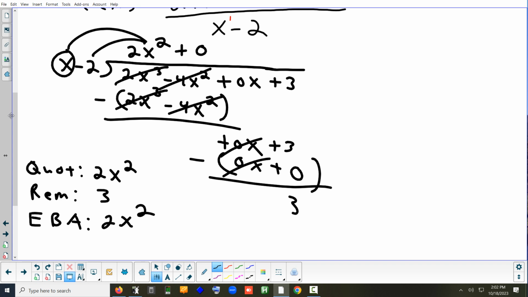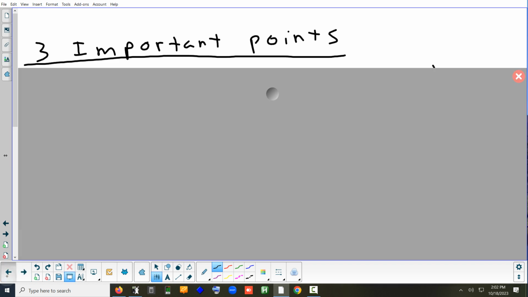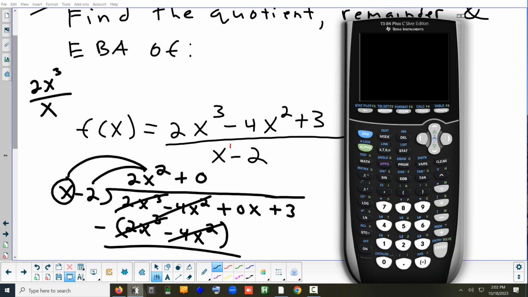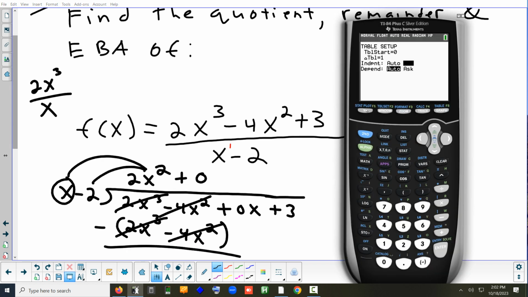Any question on that? So I'm going to graph that, and let me show you something. All right, let's put in the original problem. Let's put that in y1. So let's put in 2x cubed minus 4x squared plus 3, and then divide by x minus 2.